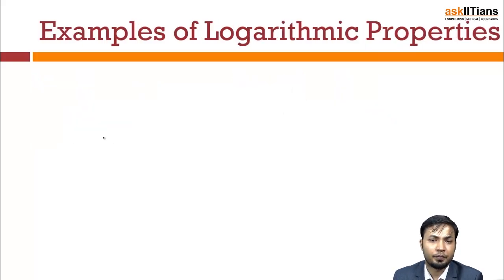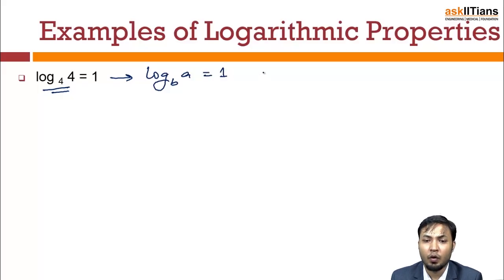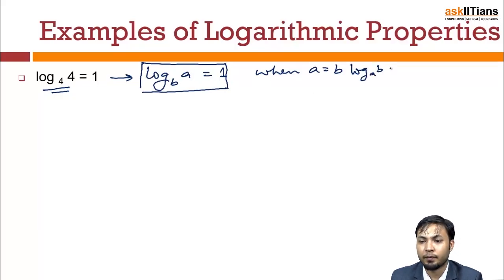Alright, now let's look at some examples of logarithmic properties. First of all, I can also write log base b of a is equal to 1 when a is equal to b. So in general form, if you need to understand, you write it this way and make a chart like this.